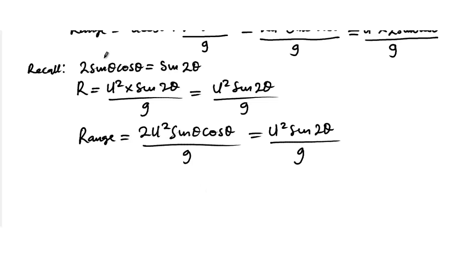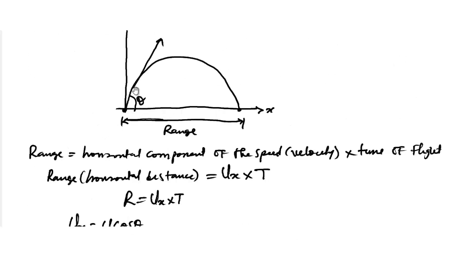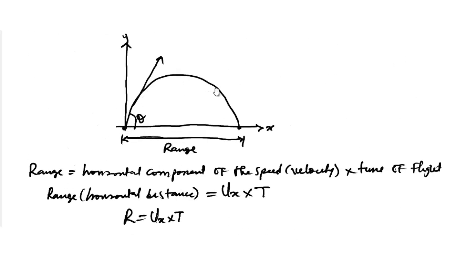Now let's look at maximum range. When is range said to be maximum? Basically, range is said to be maximum when the angle of inclination, meaning that if you project a body from this point and you want to have a maximum horizontal distance coverage, this angle theta must be 45 degrees.